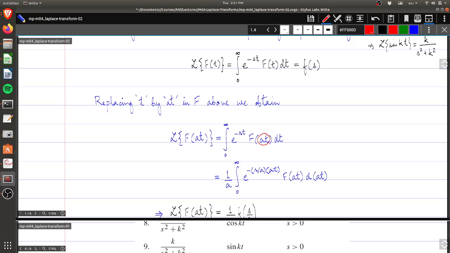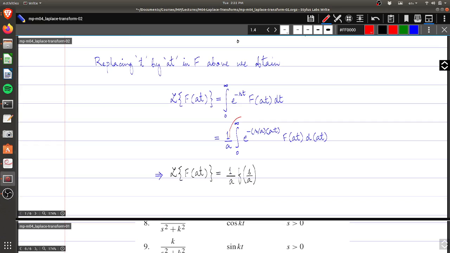This is also the expression for a Laplace transform, but taken with respect to s by a. So the Laplace transform of f of at is equal to 1 by a times F of s by a. This is called the change of scale, or the scaling property of Laplace transforms.